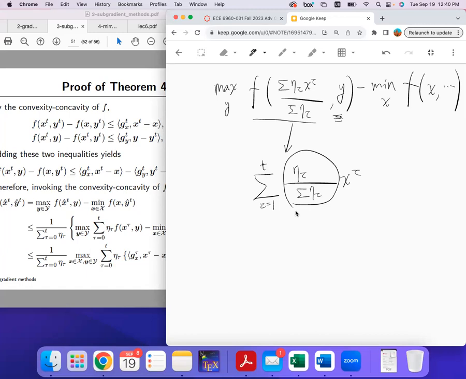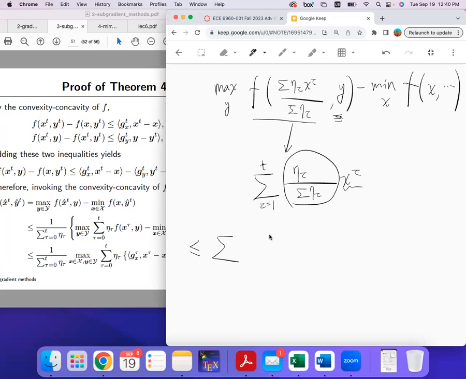The denominator has that summation as a normalization factor. So f is a convex function in the first variable, and by the basic definition of convexity, the function value at a convex combination is less than or equal to the convex combination of the function values at these individual points.